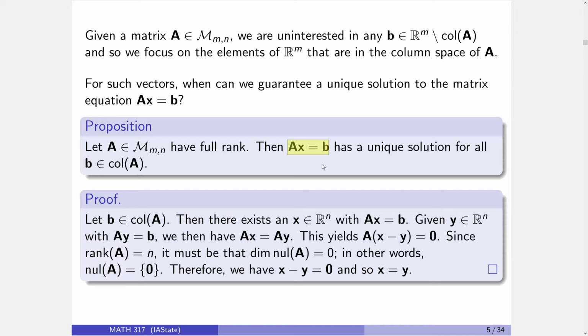So a system of linear equations has a unique solution, provided that the matrix is full rank and the element on the right-hand side actually lives in the column space. So, yay, that's very nice. So we get a nice answer then for a pretty natural question of when do systems of linear equations have a unique solution. So we have conditions now for that: if the matrix is full rank and the element b is in the column space.